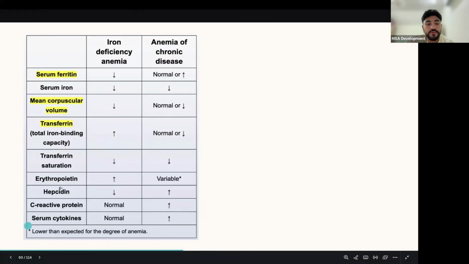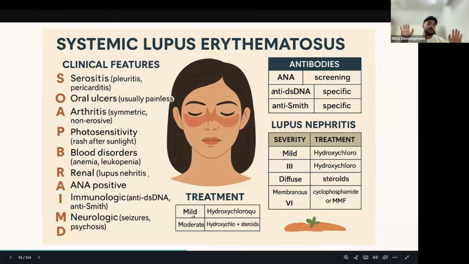Something else you want to refer to is also your C-reactive protein and the serum cytokines. They're of course going to be peaked in anemia of chronic disease because it's an ongoing inflammation, an ongoing condition in the body. So of course you're going to have high CRP and high cytokines. Okay. Now, this is anemia of chronic disease. Inshallah, it's easy peasy. Now let's move to SLE.